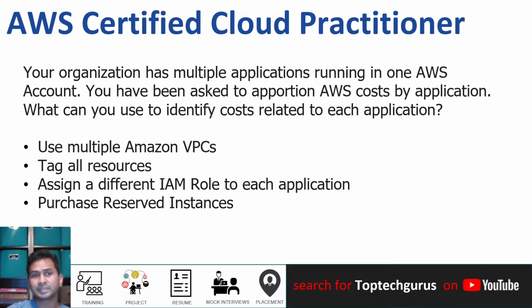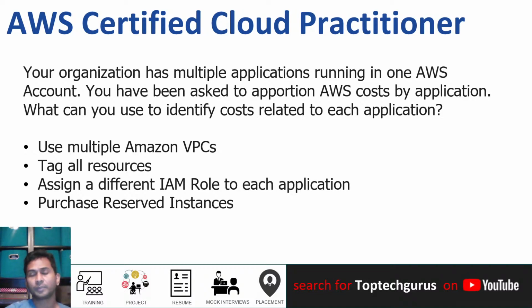Number three is assign a different IAM role to each application. Yep, each application should have a different IAM role if it needs to have access to different databases or different resources, and that will typically be the case. You will definitely have different IAM roles.